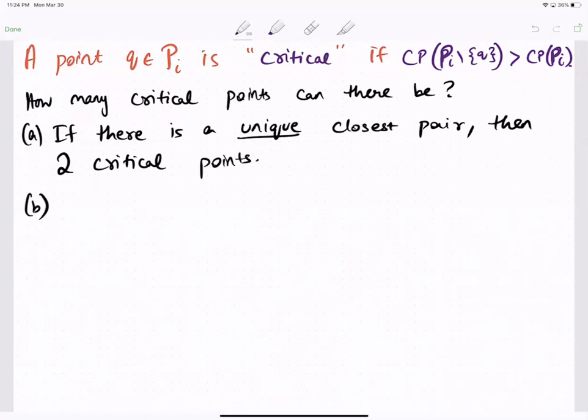Well, that should be obvious, right? There are other interesting cases. If there is more than one closest pair, can that happen?